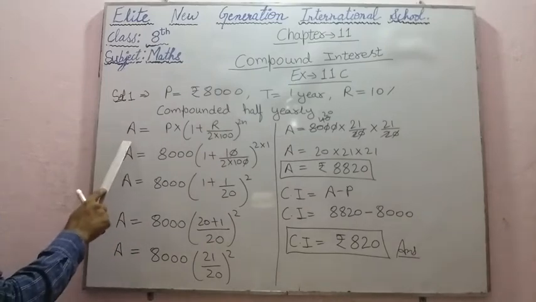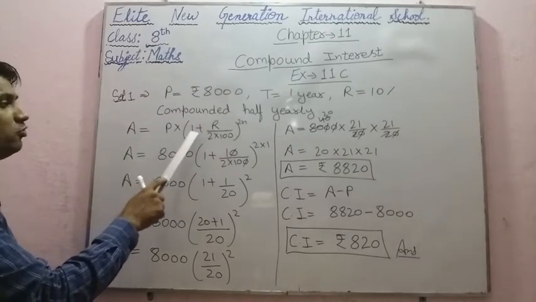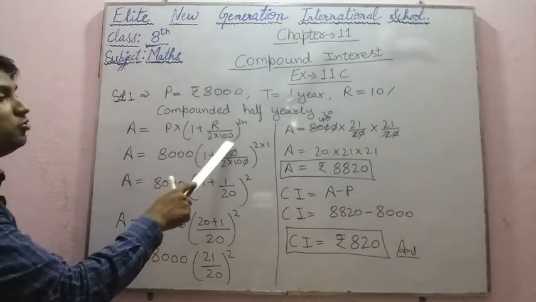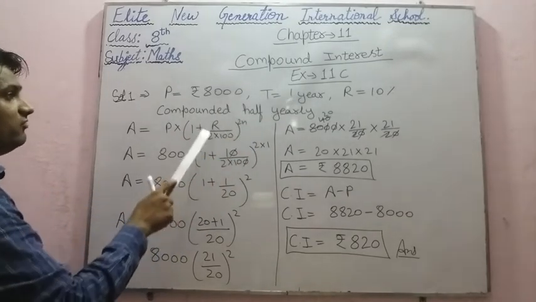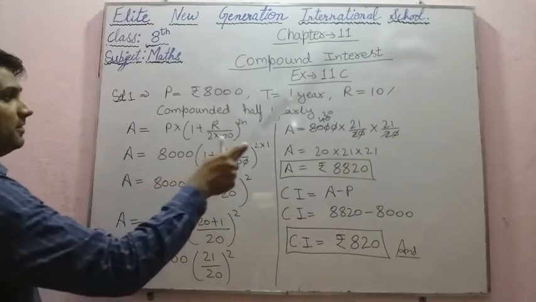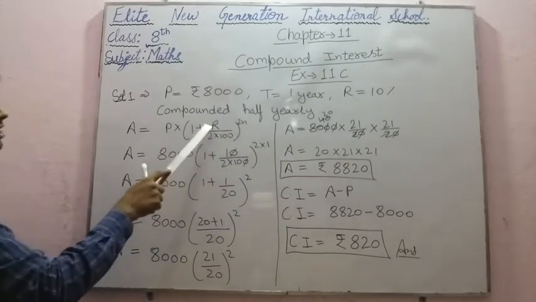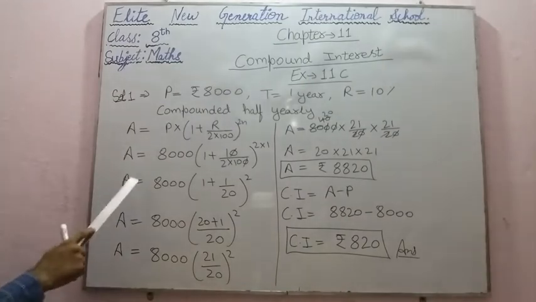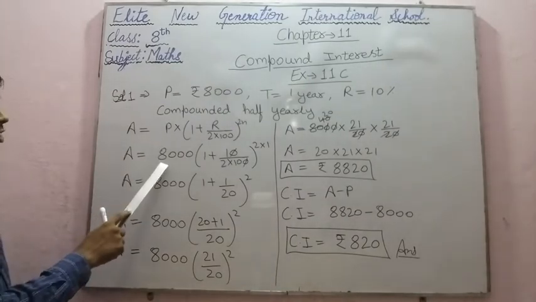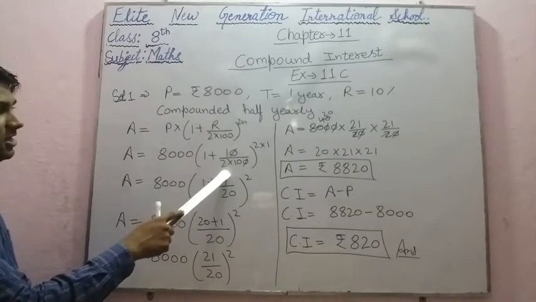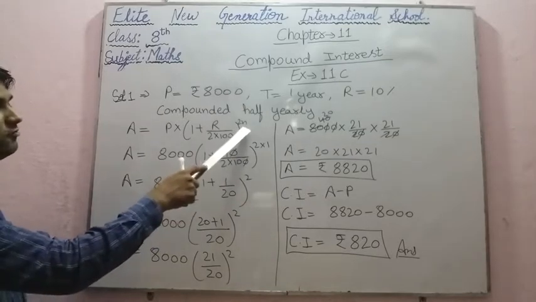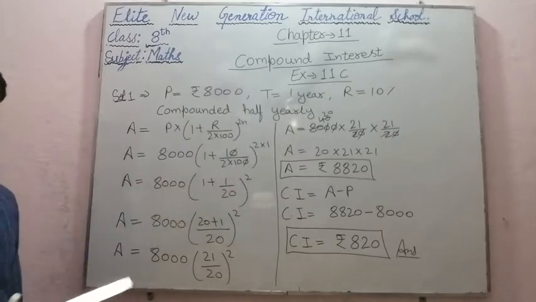So the formula for finding amount equals P into (1 plus r upon 2 into 100) to the power 2n. Here time will be double and rate will be divided by 2. By putting values, amount equals, in place of principal it is 8,000, and 1 plus rate 10% upon 2 into 100, and the value of n is 1, so it will be 2 into 1.